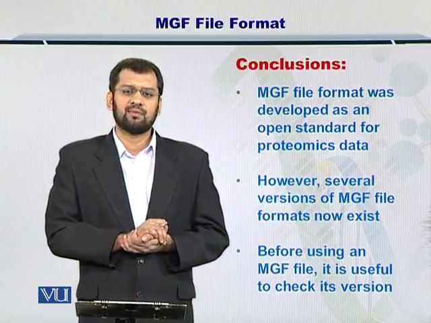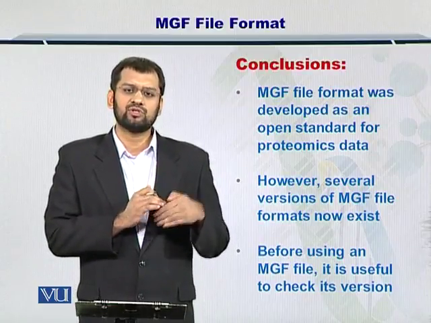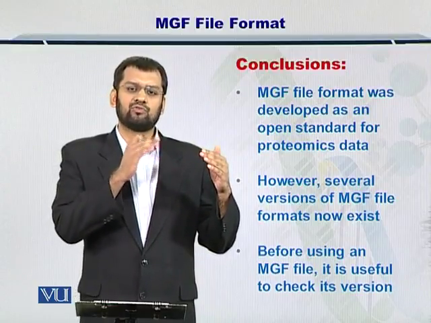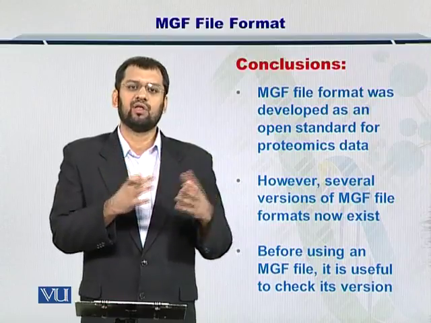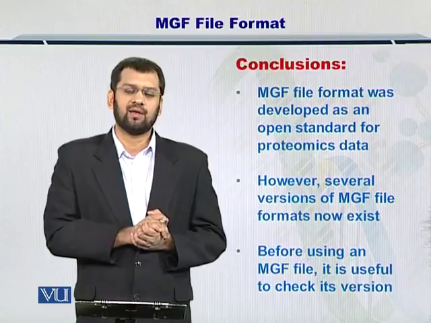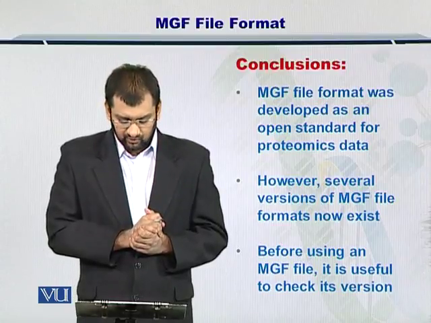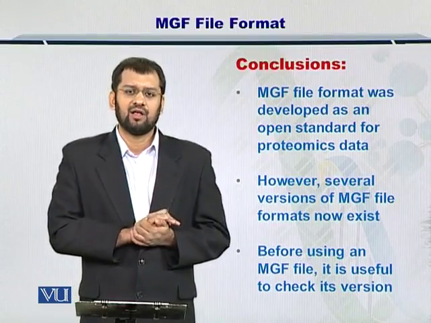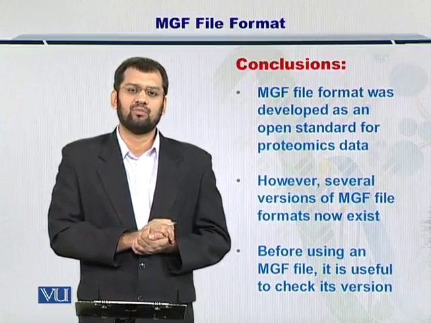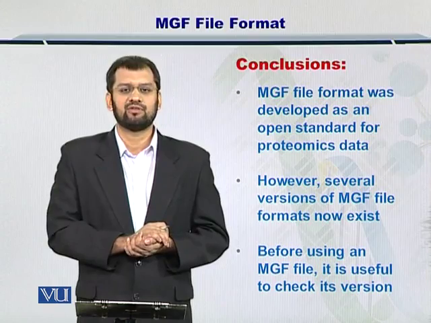However, as I mentioned in the beginning, due to the evolution of mass spectrometers, the MGF file attributes have also evolved and grown. So now there are a lot of MGF attributes, and they keep getting upgraded. So before using an MGF file, you may want to look at the version of that MGF file that has been output and process it accordingly.